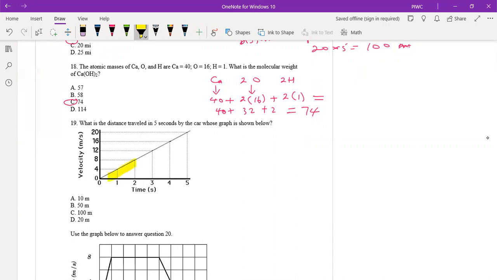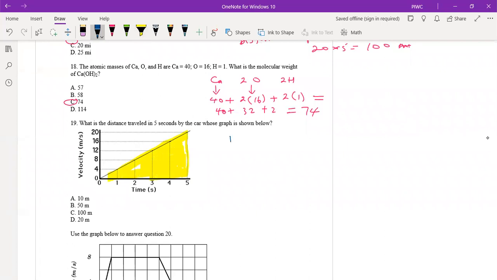So we're looking at all this here. It's 5 seconds, 0 to 5 seconds. All this. D20. Okay, so you have to think of area of a triangle. See, it's a triangle.